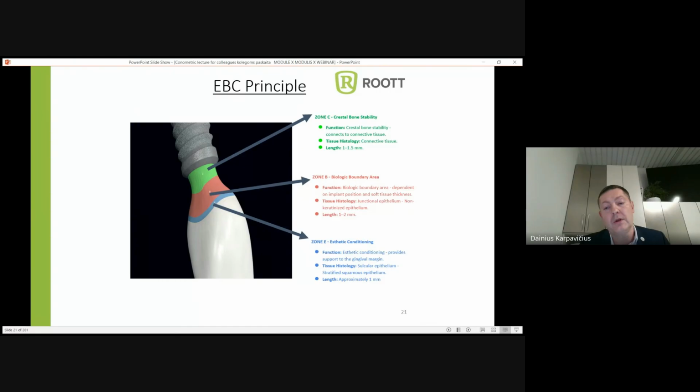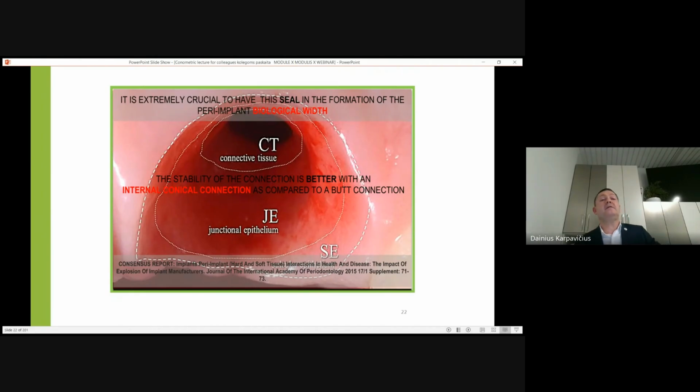So we know that this green zone, this C letter from the ABC principle, is the most sensitive. And while we're doing regular interventions in our prosthetic treatment, every time while we are reconnecting, while we are doing impressions, while we are measuring our abutments, we are irritating this zone. This is a very sensitive connective tissue zone.